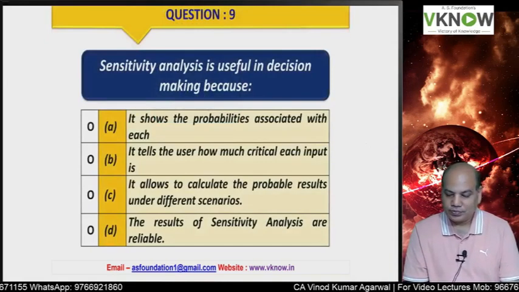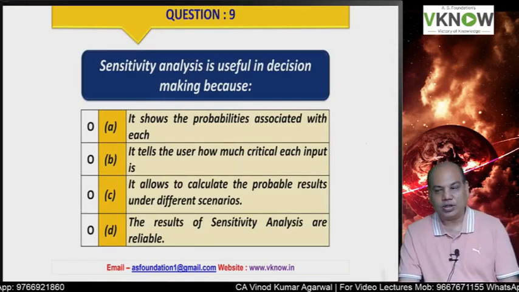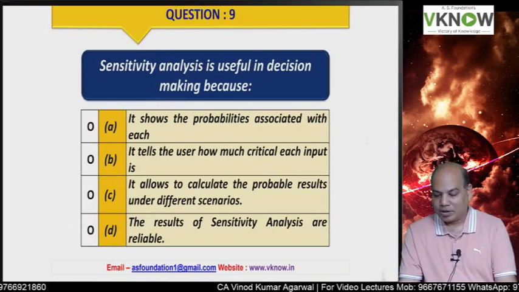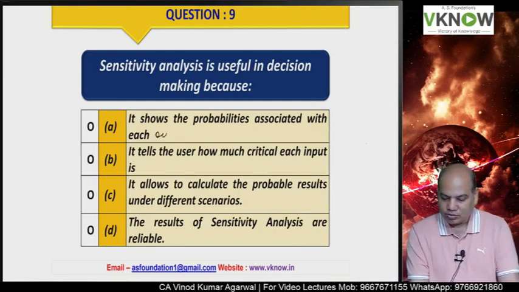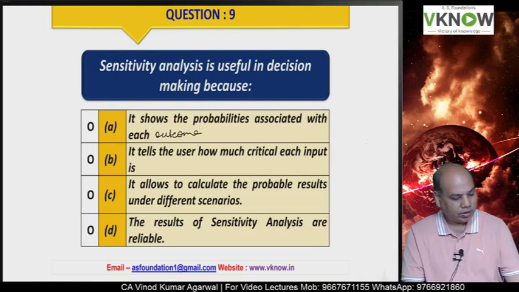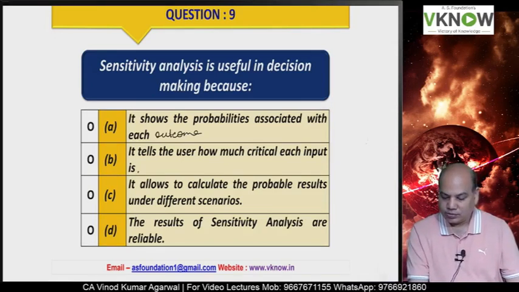Very good. Question number 9. Sensitivity analysis is useful in decision making because it shows the probability associated with each outcome. Write down. It tells the user how much critical each input is.